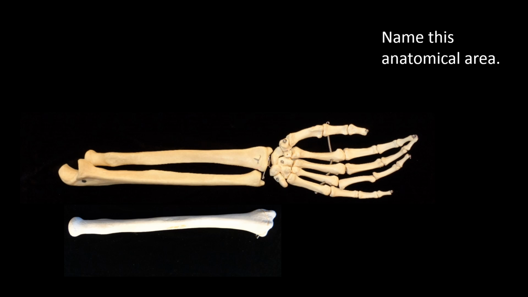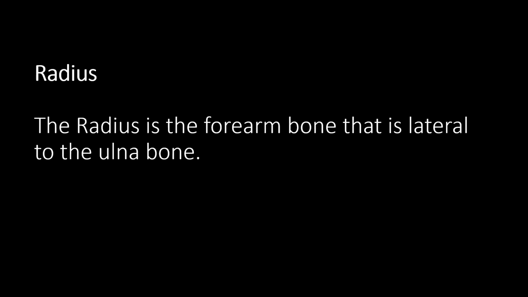Name this anatomical area. Radius. The radius is the forearm bone that is lateral to the ulnar bone.